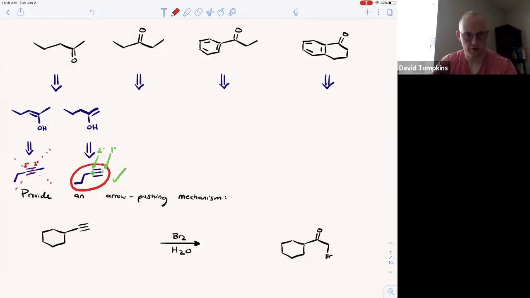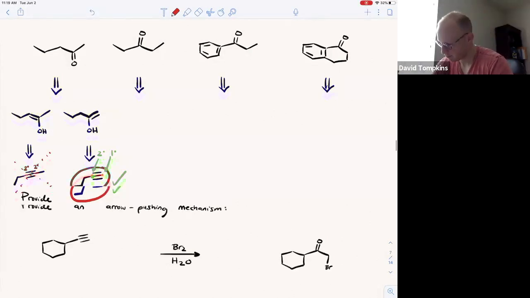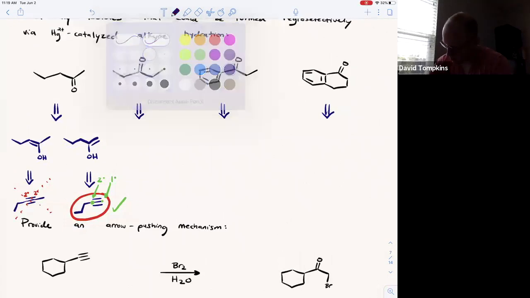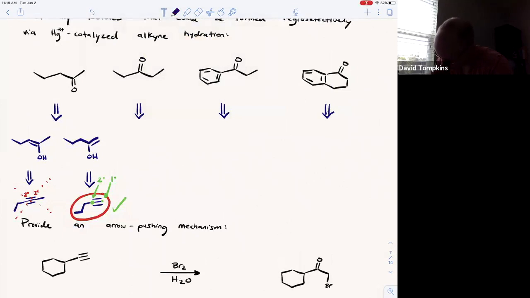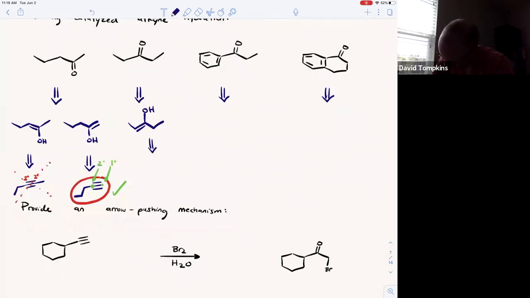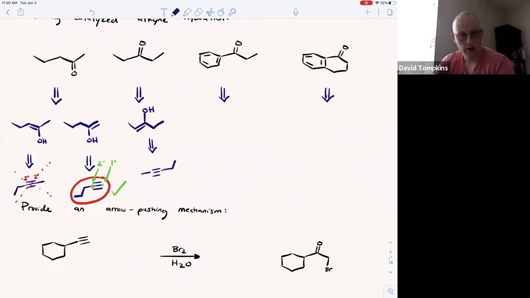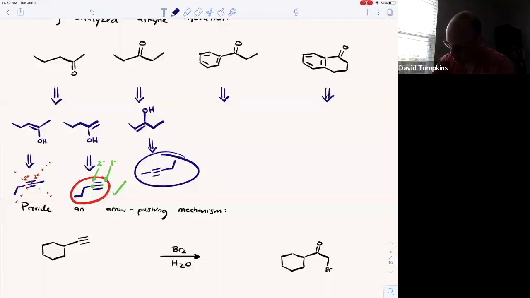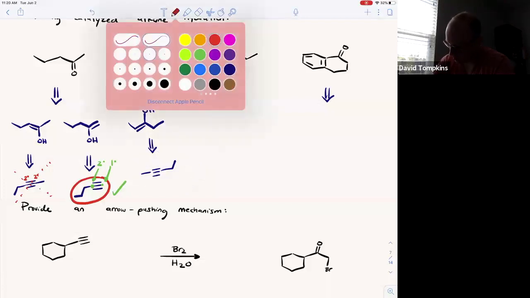It would give you a mixture of products. So for the next one, there's a single enol because it's symmetrical, and therefore this enol would have to be formed from an alkyne between carbons 2 and 3, and for the same reason, this one cannot be regioselective, just like that same compound I drew at the far left, because both these carbons are secondary.